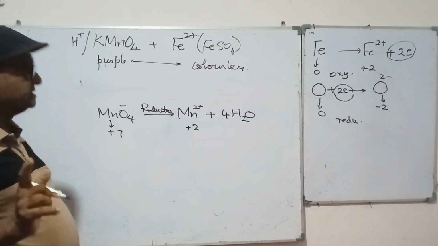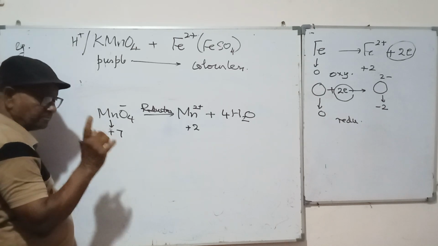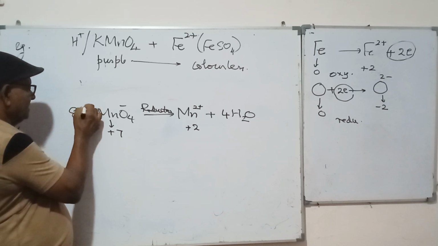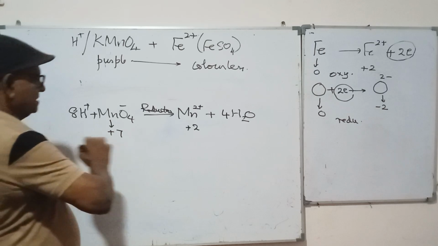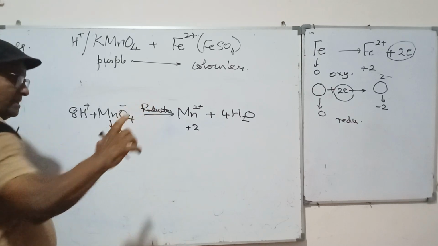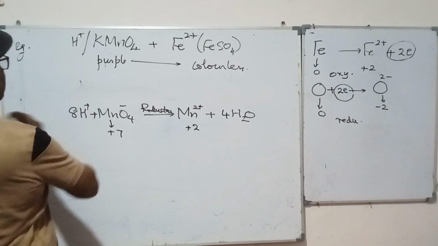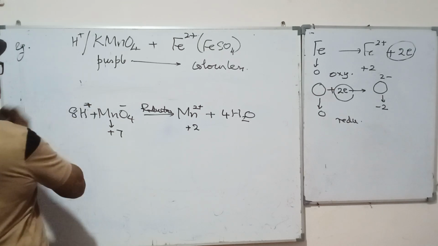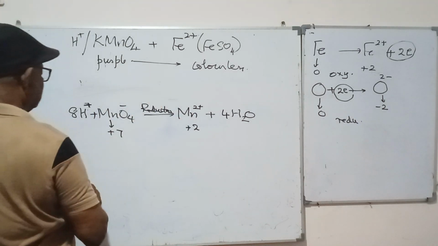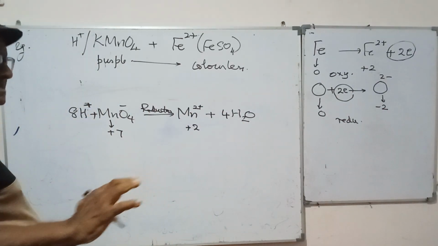To balance the hydrogen, you must add H plus. Then how many H pluses? 8, because 4 into 2, 8 hydrogen. So 8 H plus should be added. Now see here. Mn balanced, oxygen balanced, hydrogen also balanced. Now all the elements are balanced.